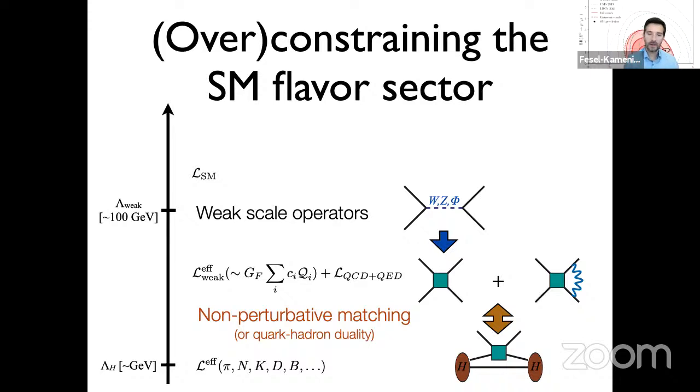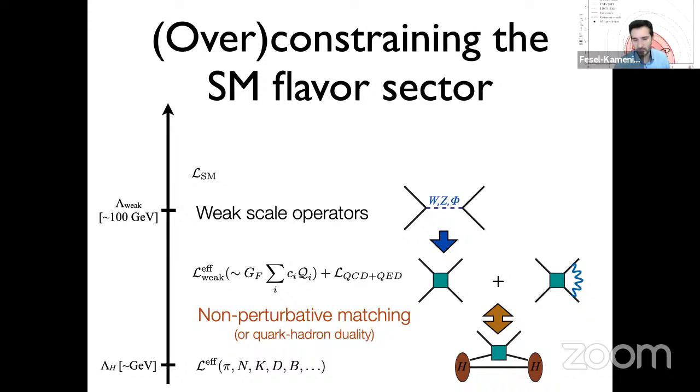So we need to do another set of effective theory matching. In this case, what is nowadays often done when one computes processes involving hadrons is so-called non-perturbative matching. So one computes the matrix elements not using a diagrammatic approach, because at this point, the strong coupling becomes non-perturbative, so one cannot do perturbative calculations.